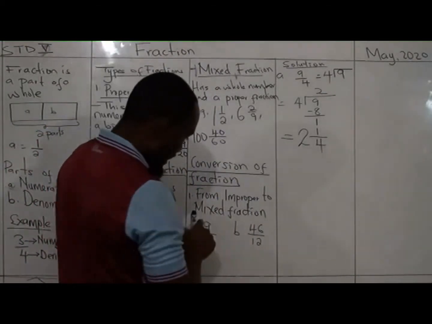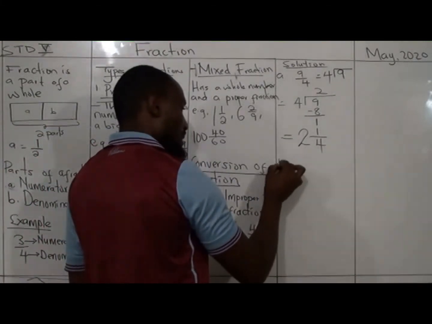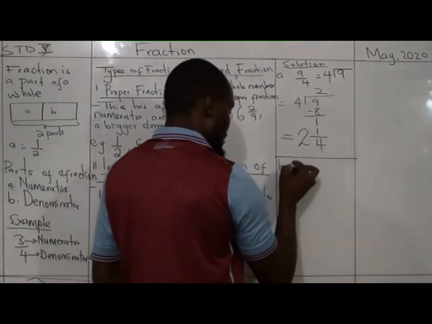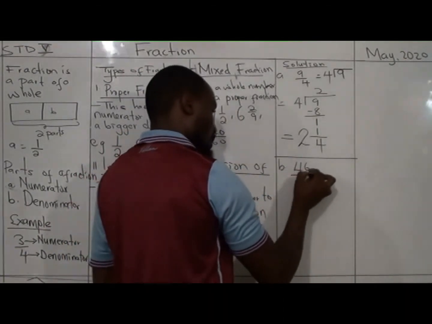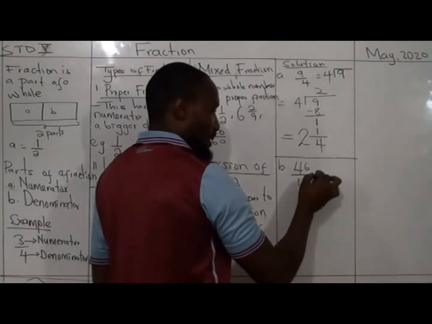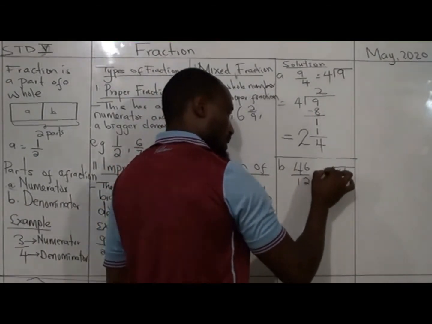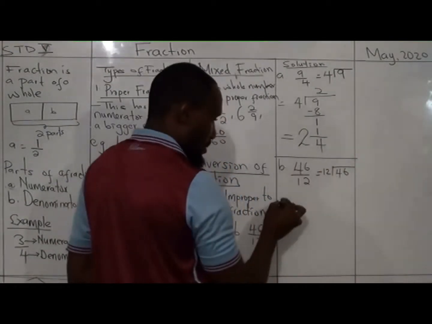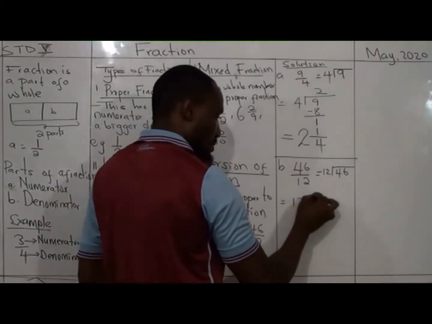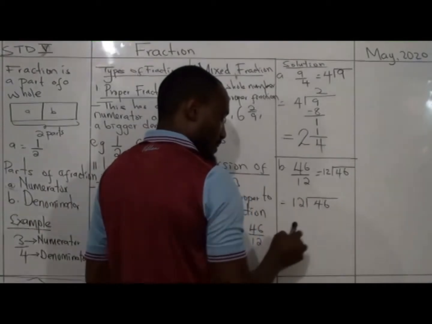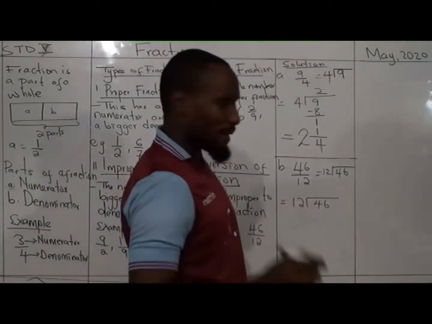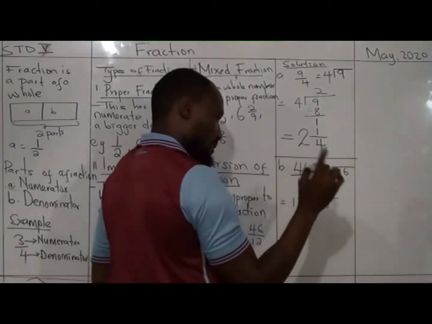Let's see, the next one is B, which is 46 over 12. It goes 46 divided by 12. How many times? It will go 12 into 46. If you divide very well, you will find it goes there 3.